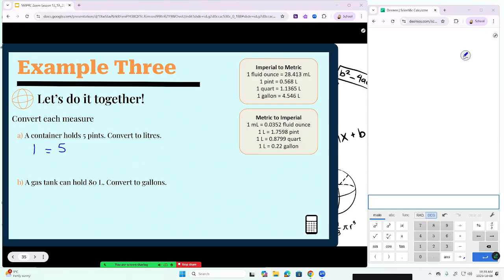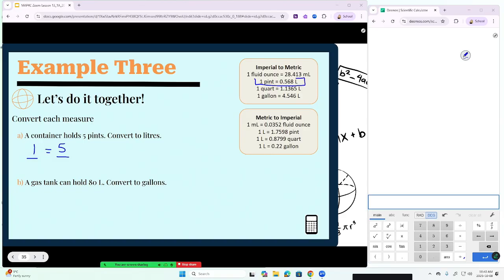I don't know why I said points. We set up what we know on the top. When in doubt, set up ratios, put what you know on top. So 1 pint, because we're dealing with pints here, we're going to put pints on the top. So 5 pints. And our know is we look for how many pints are in a liter.